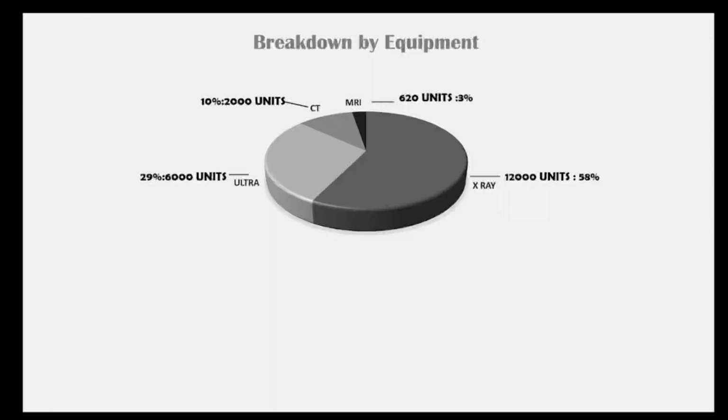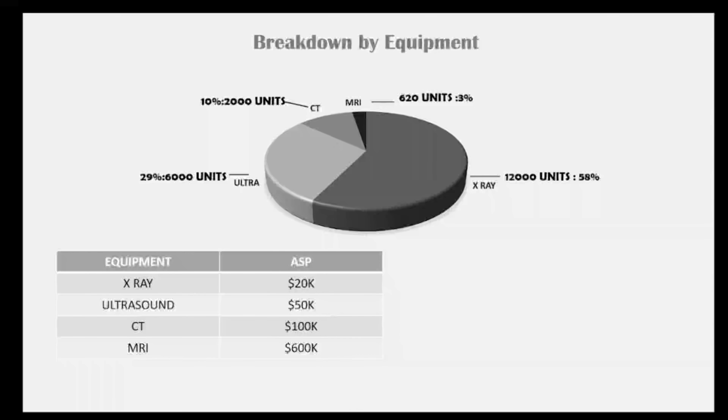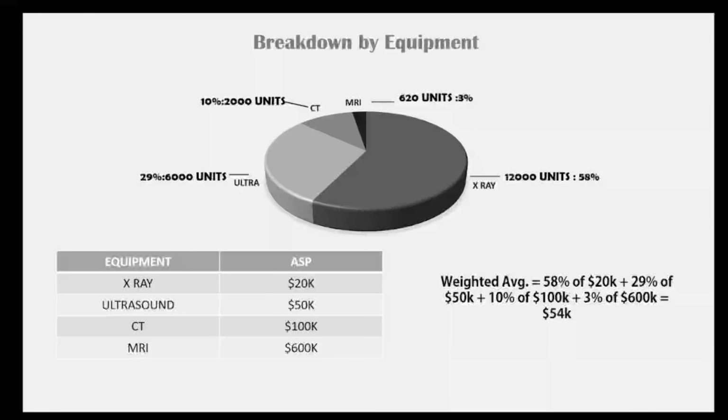Now, in order to calculate the weighted average price, we need to know the average selling price of all these different equipments. So an X-ray machine is sold for around $20,000, ultrasound machines for $50,000, CT for $100,000, and MRI for $600,000. This is their average selling price. If we multiply these by their percentage demand, we'll get the weighted average.